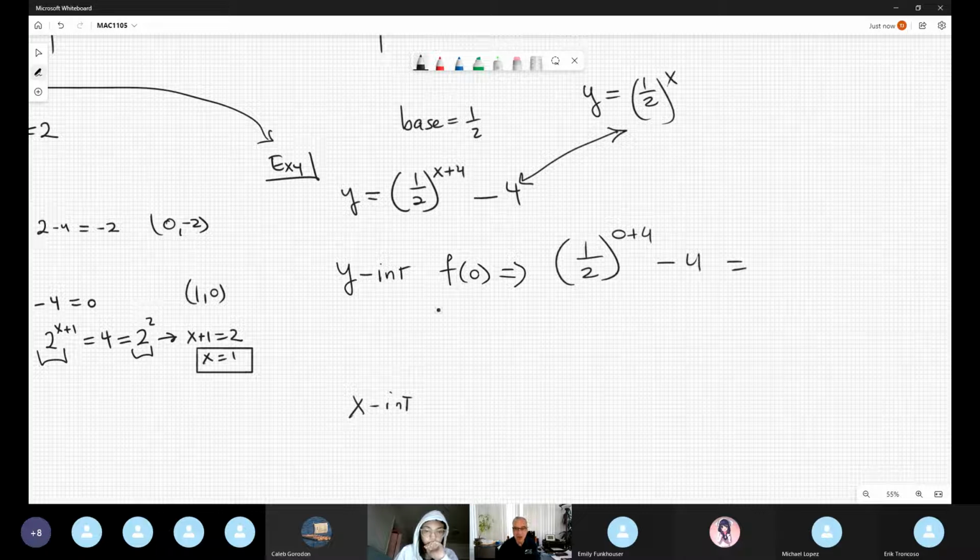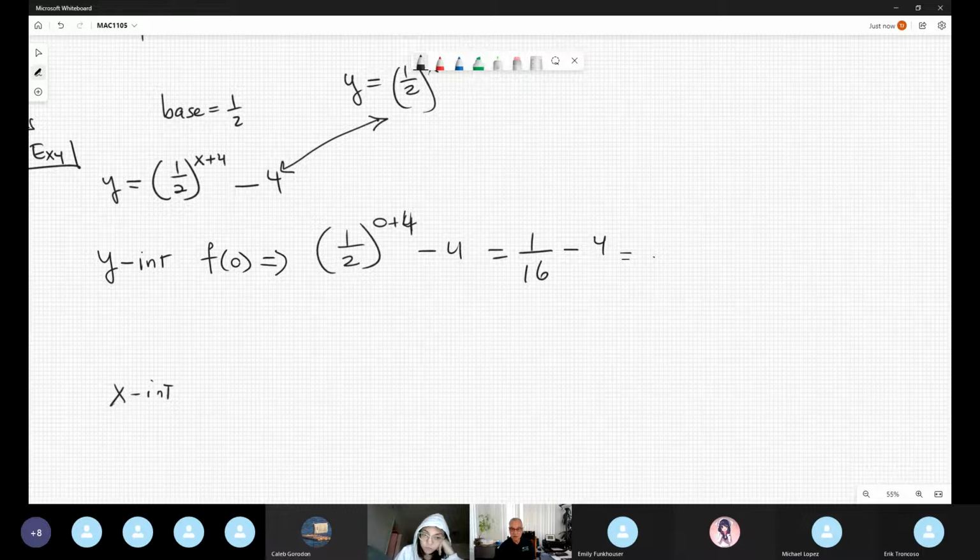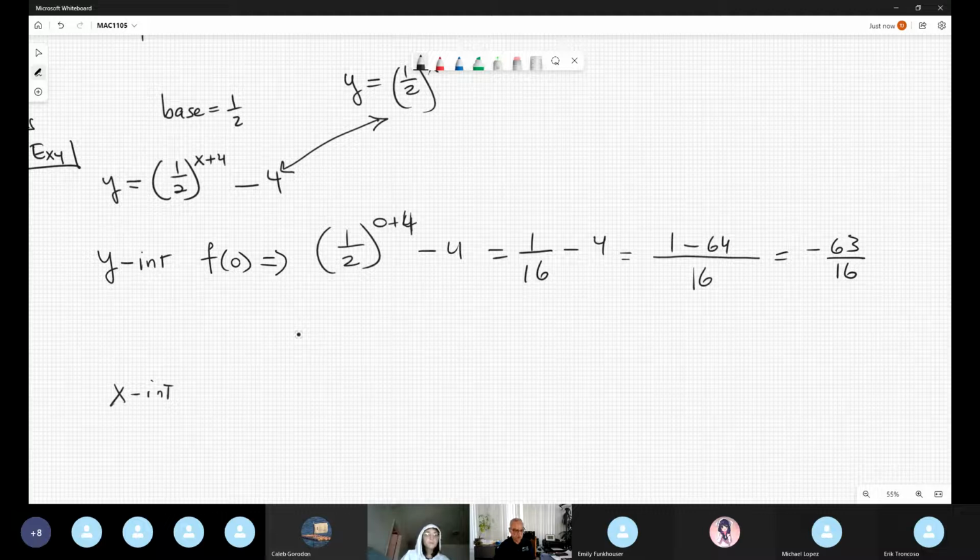And we compute that value. 0 plus 4 is 4, and 1/2 to the 4 is 1/16, because it's 1 raised to the 4 power, and 2 raised to the 4 power is 16, minus 4. You find the LCD, which is 16. It's 1 minus 64. Where does 64 come from? It's the multiplication 16 times 4, no? So it's minus 63 over 16, a negative fraction. The point is (0, -63/16).